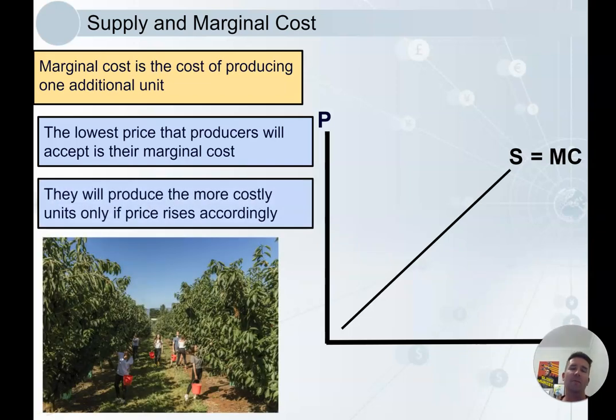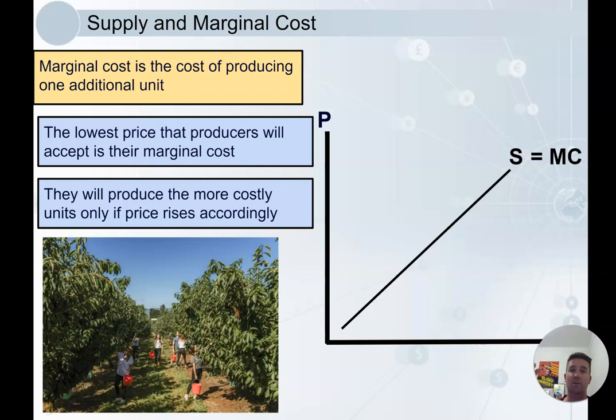So why do marginal costs slope up? Really, they will only produce the more costly units if the price also goes up. So think of fruit trees, right? If you've got a farm, if the price is low, you're just going to pick the ones that are cheap, right? You pick all the low-hanging fruit, that's why that's the saying, low-hanging fruit, because it's cheap.